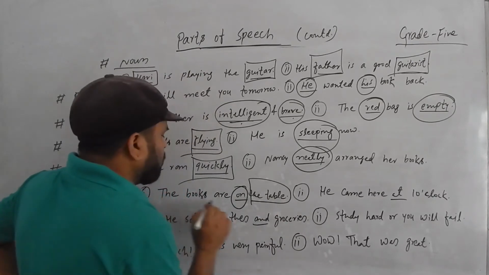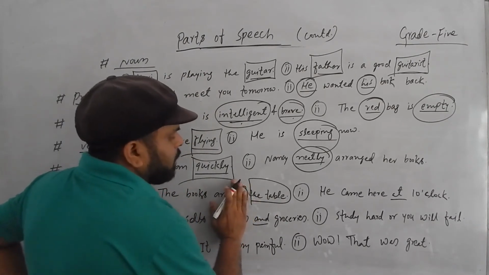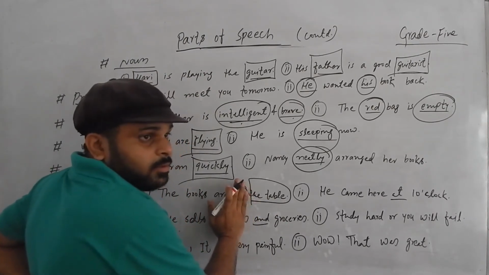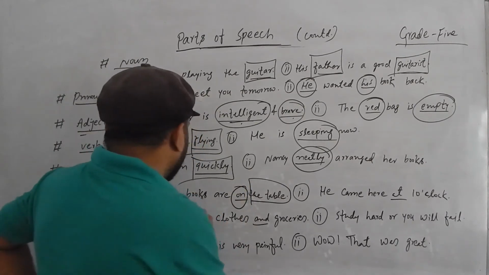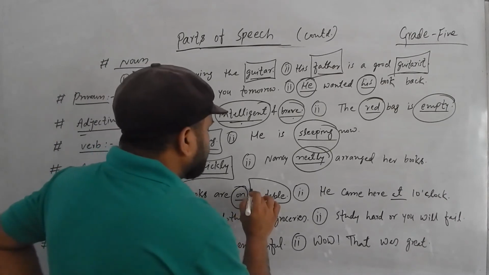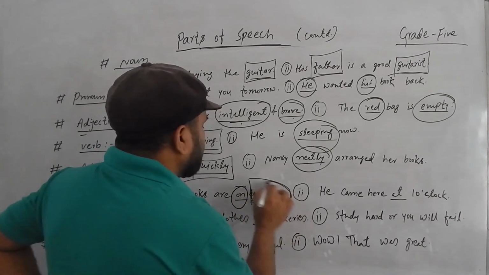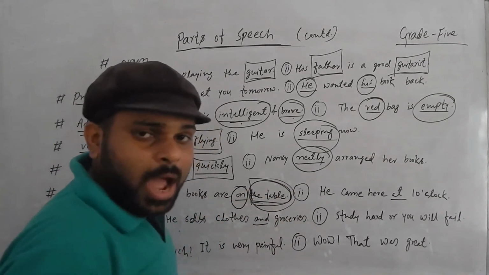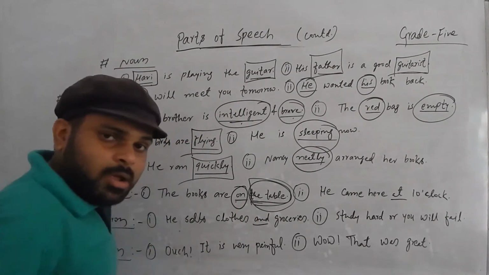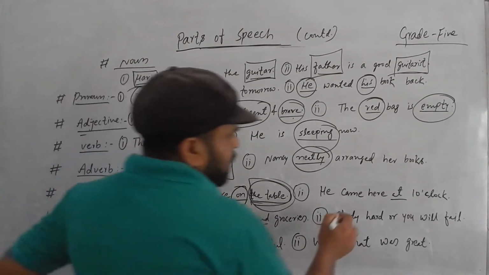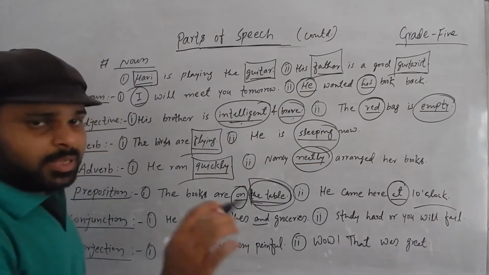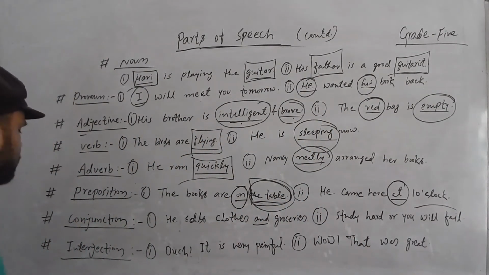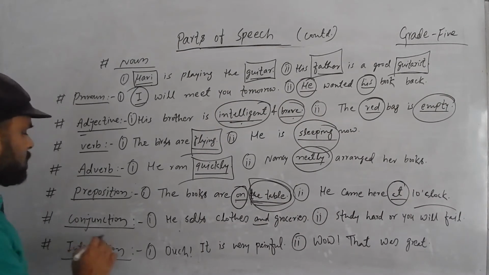If you say the books are table, is it making sense? No, it's not making sense. Here on is linking with the noun, so on is the preposition. Here, he came here at 10 o'clock. Same as we did. Next, conjunction.